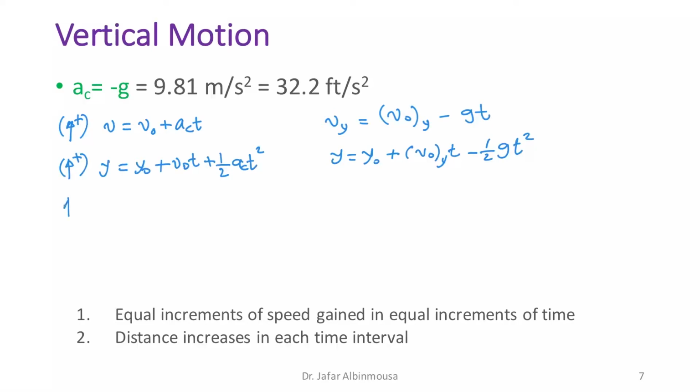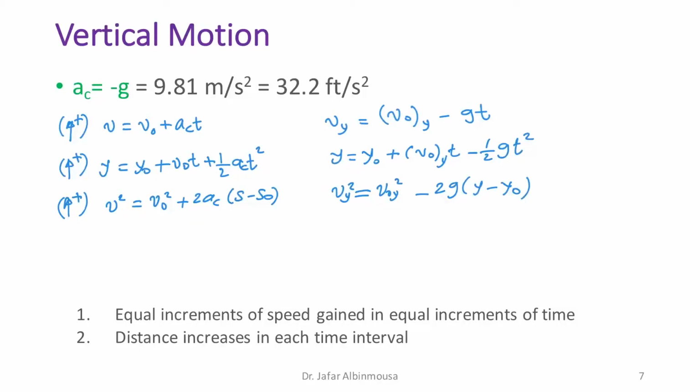The last equation is v squared equals v0 squared plus 2ac multiplied by s minus s0, and this becomes vy squared equals v0y squared minus 2g multiplied by y minus y0.